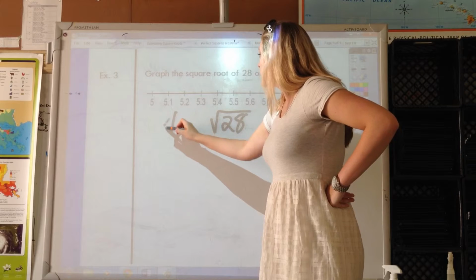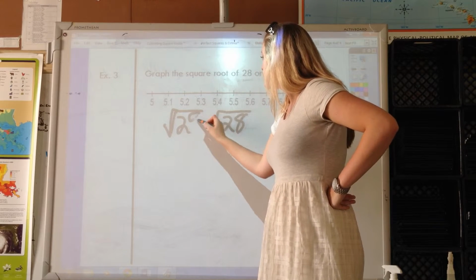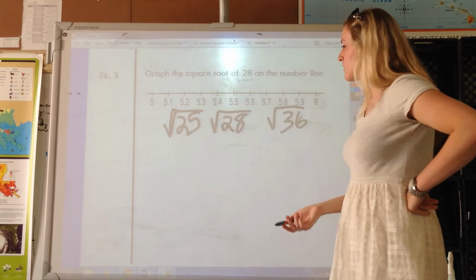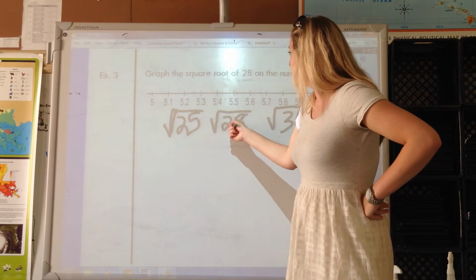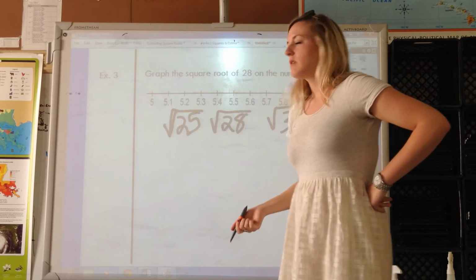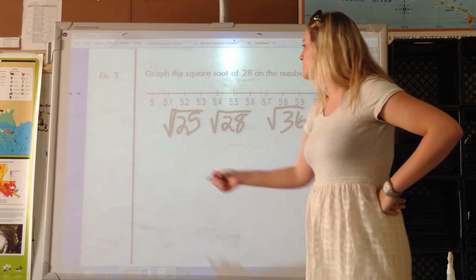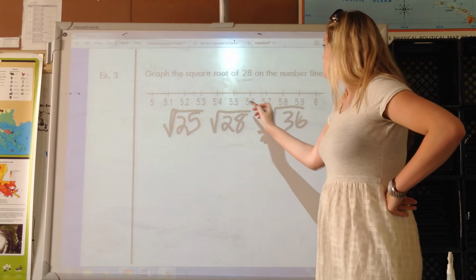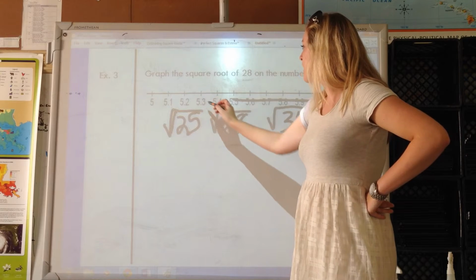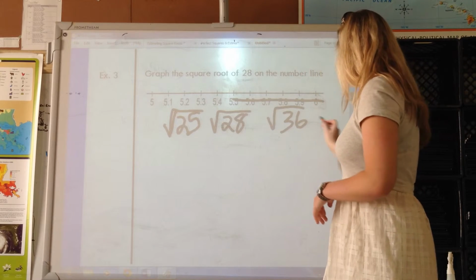So in order to do that, square root of 25 and square root of 36 are the closest square roots. 28 is closer to 25, so our number is going to be closer to 5 than 6. So I'm only looking at 5.1, 5.2, 5.3, or 5.4 as possible choices.